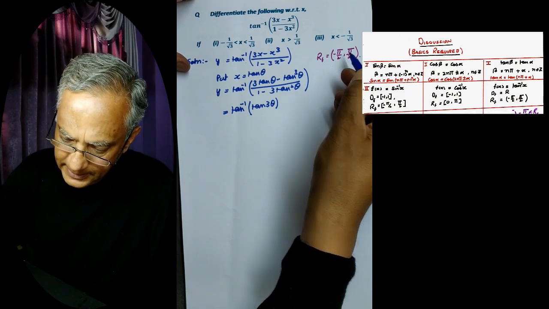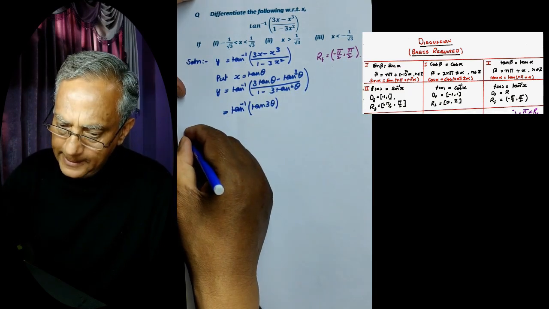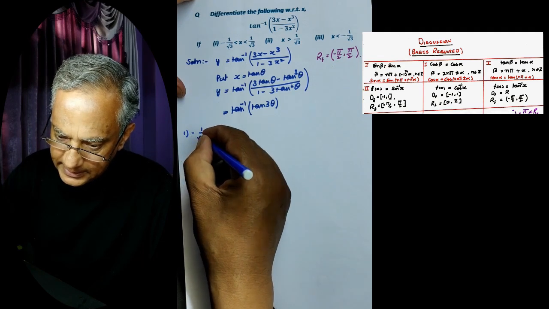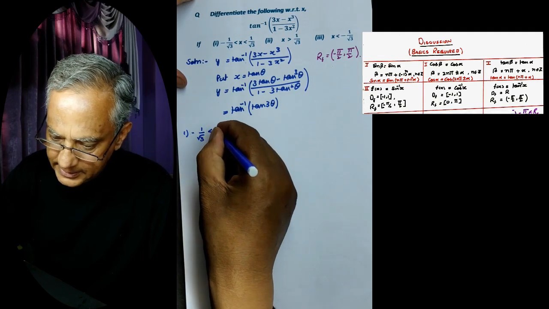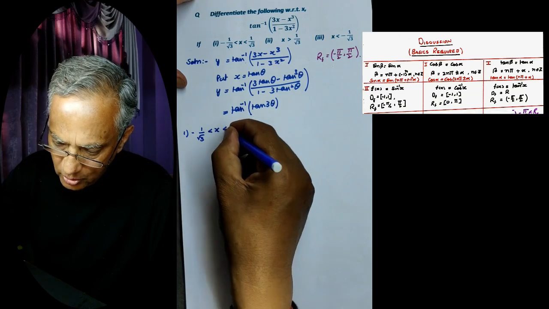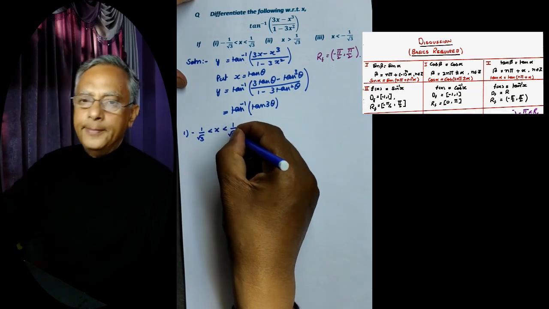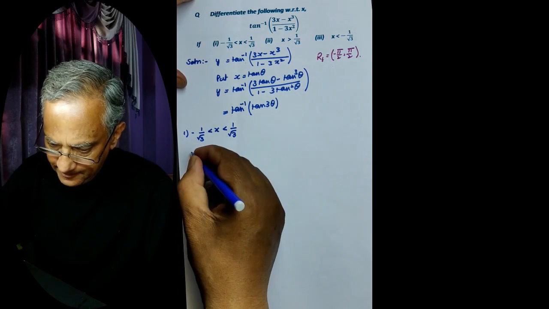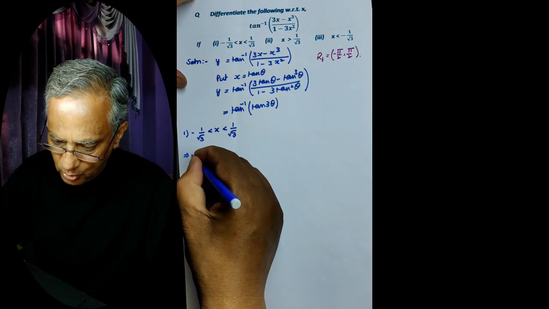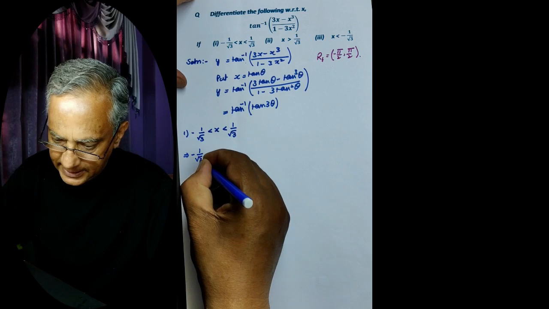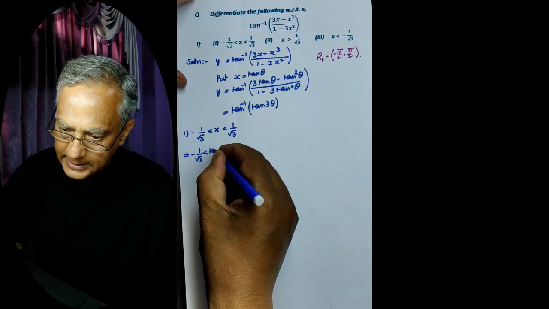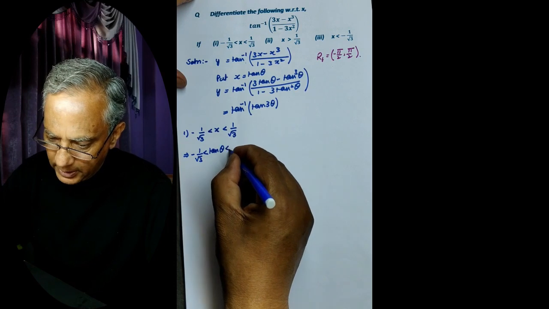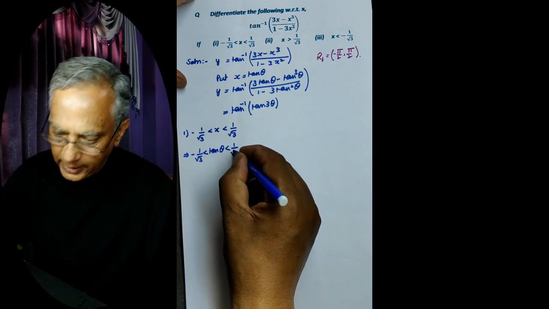Now the first interval is minus 1 by root 3 is less than x is less than 1 by root 3. This implies minus 1 by root 3 is less than tangent of theta, x is tangent of theta, is less than 1 by root 3.